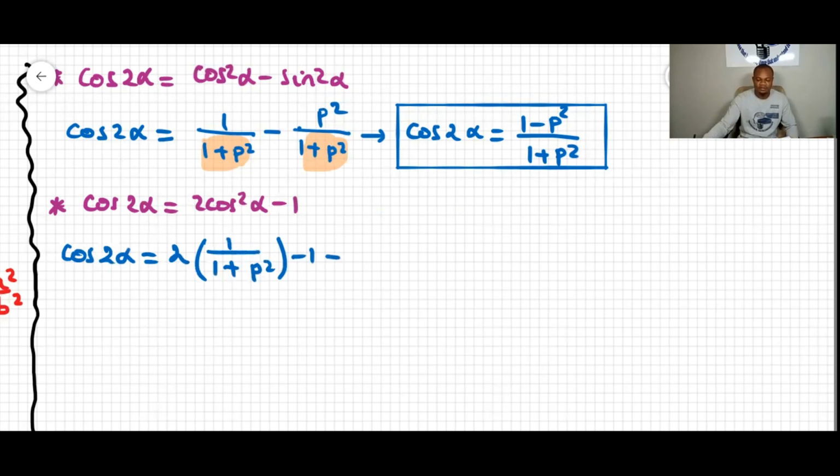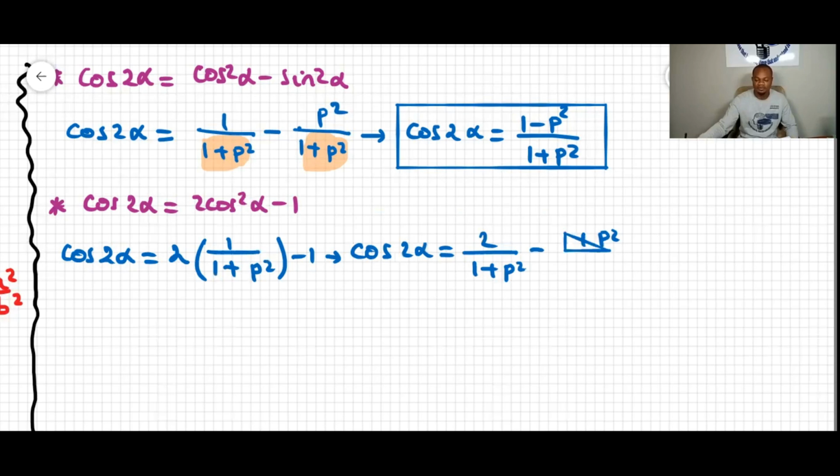So cos 2 alpha will be equal to 2 over 1 plus p squared minus 1.